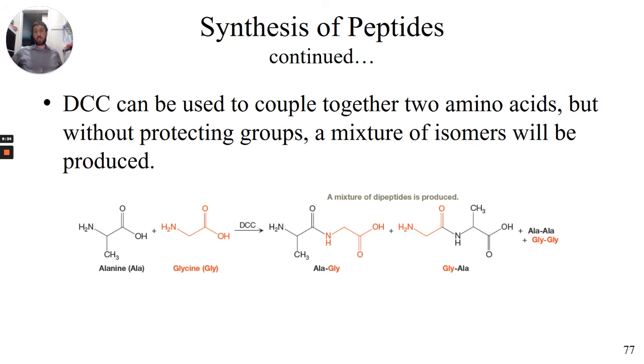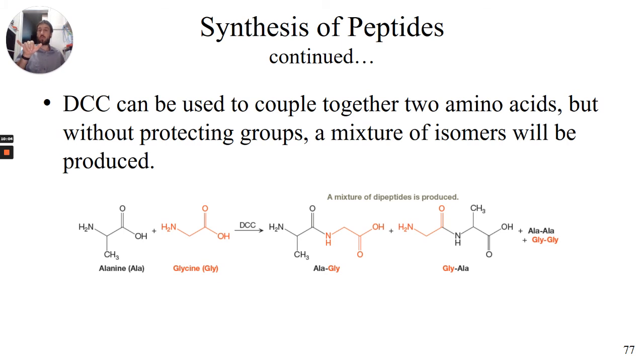So DCC is really good at coupling amino acids, but remember, when we're doing the synthesis, we're doing it in a solution of probably hundreds of thousands, if not billions of molecules, which means that initial amino acid we're starting with, we may be trying to target the acid side of it, but the amine is still floating around. That amine could potentially mess with the synthesis.